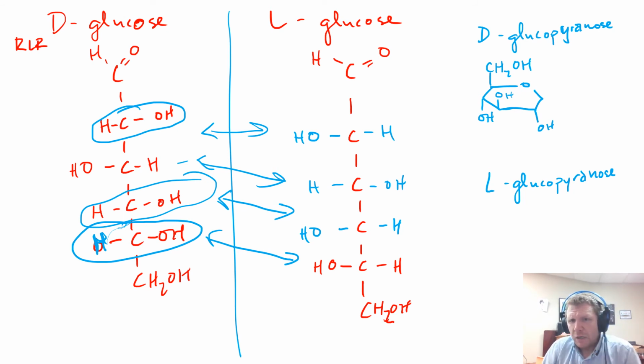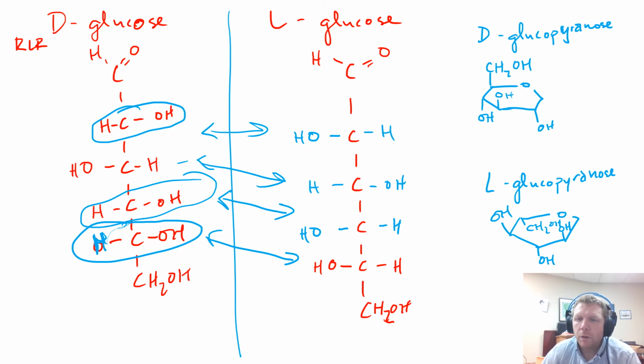What you're going to do is flip everything. So here, we've got our CH2 going into the ring. Carbon number 5, hydroxide group is up. Hydroxide group on 4 is down, and 3 is up.